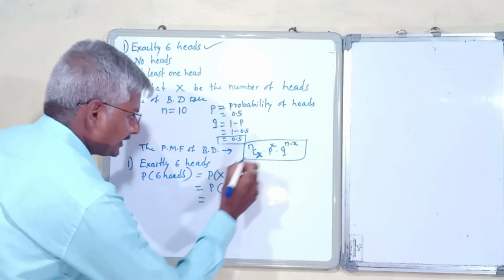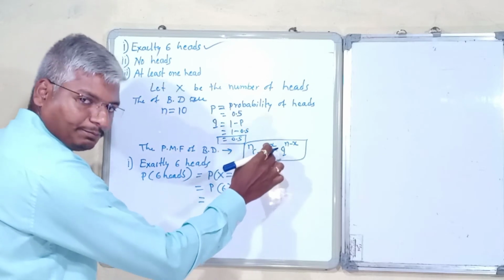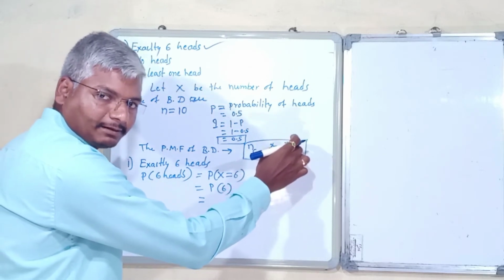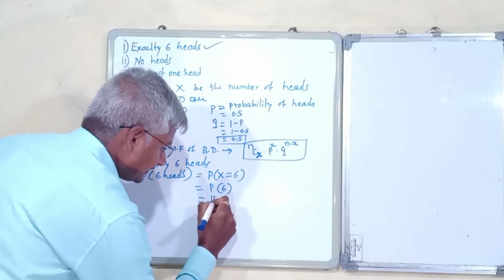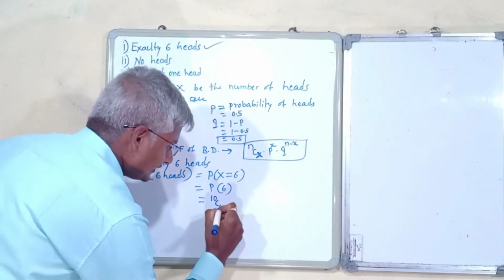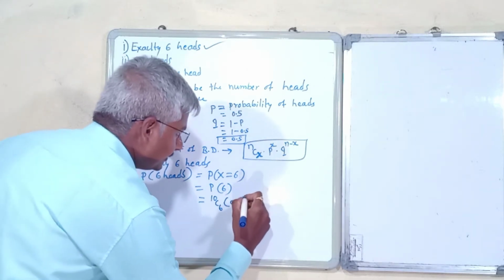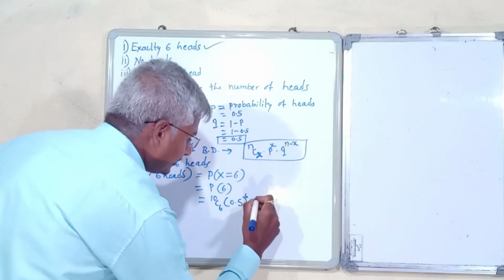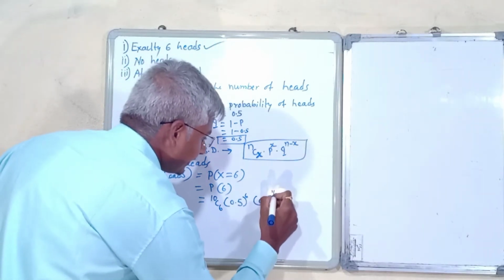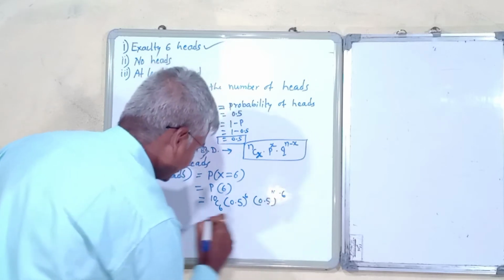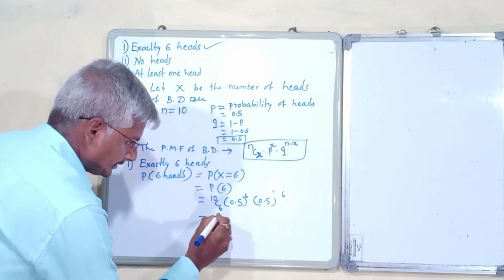We insert into the probability mass function: nCx into p raised to x into q raised to n minus x. Here n is 10, C 6 into p is 0.5 raised to 6, and q is 0.5 raised to 10 minus 6. Then here 10C6 is there.